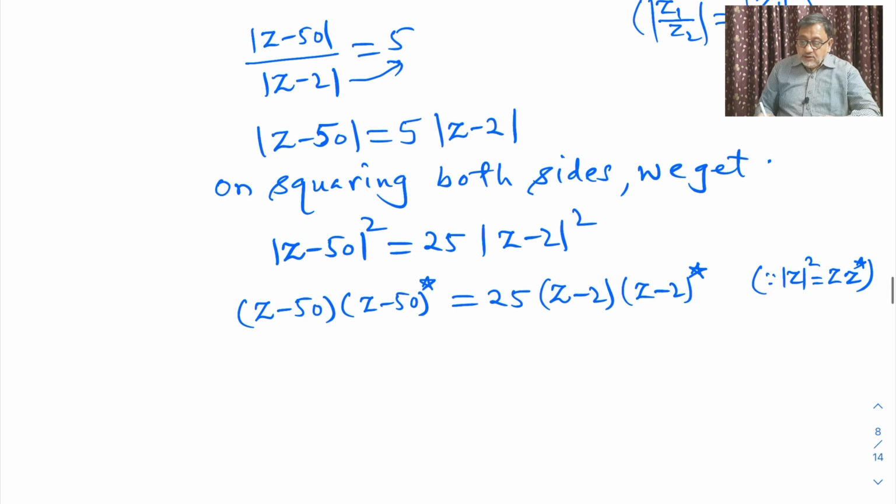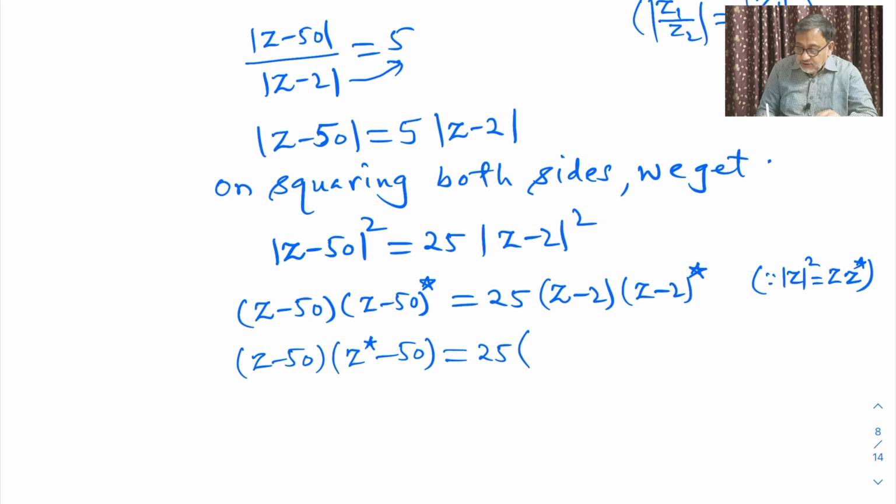Now I will separate the conjugate with addition and subtraction. So z conjugate minus 50, a real number will not have any conjugate. So z minus 2 and z conjugate minus 2. Now I will multiply out.